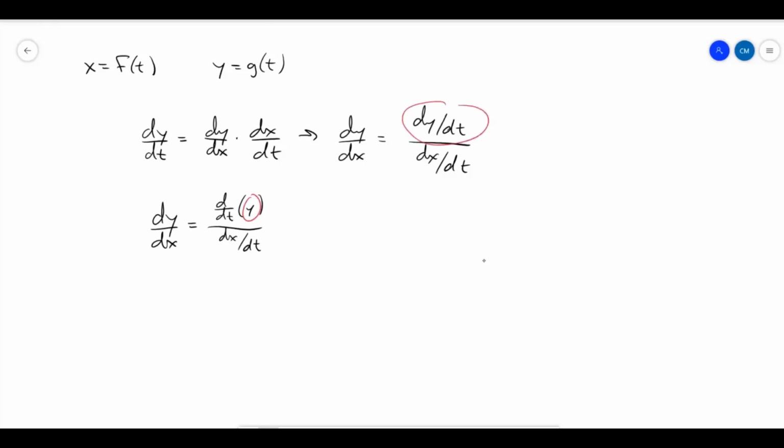And so if you want to take the second derivative, that is to take the derivative of the derivative. Right here, we're taking the derivative of the function. If I want to take the derivative of the derivative, then what I would do is this. This is, remember, the Leibniz notation for the second derivative. Instead of putting y here, which is what I had there before, I'm still going to say dx/dt.